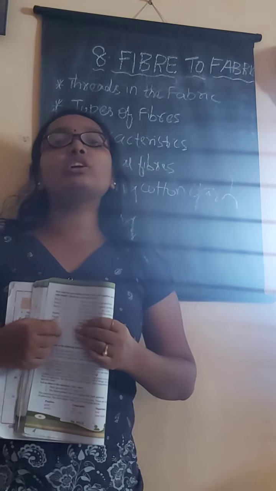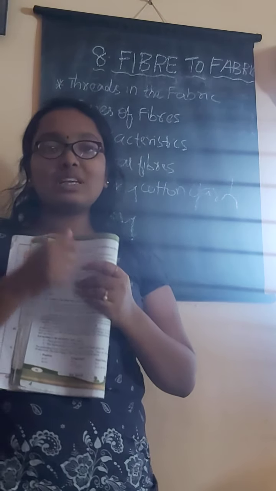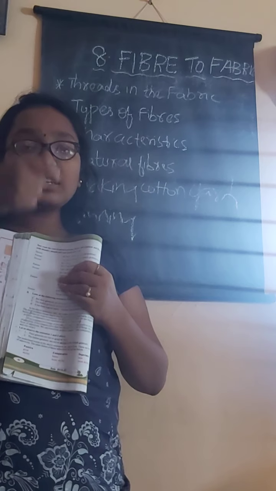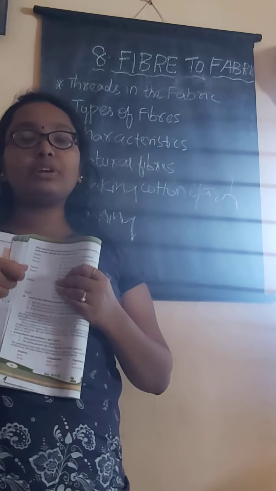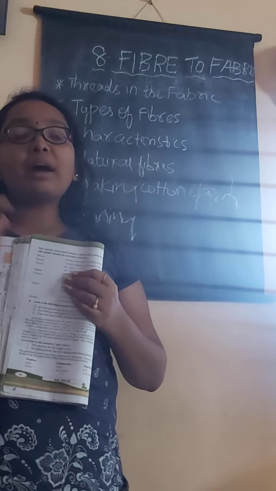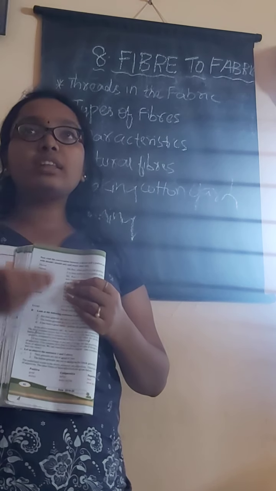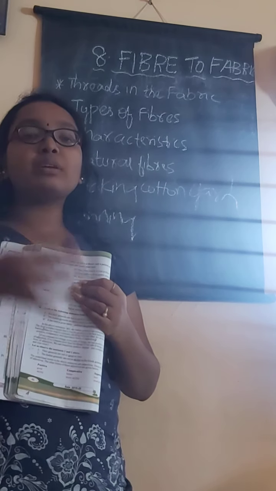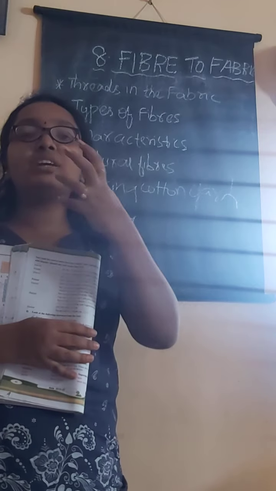If we take one cloth and cut it or twist the ends, some threads come out of it. By that we know that many threads, that is many fibers, are involved to make one big cloth.